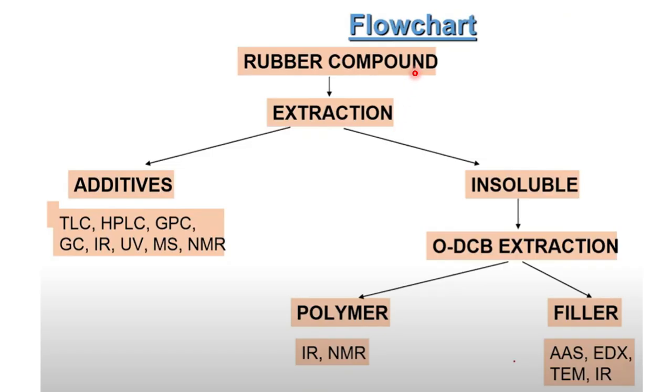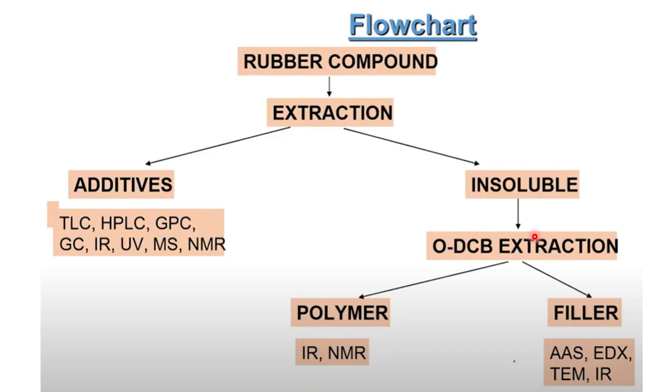So this is the flowchart for reverse engineering. You get the product from your competitor, and you extract the rubber compound to separate out the soluble part and the insoluble part. The additives or small parts are soluble; for those you go for chromatography and spectroscopic techniques. The insoluble part is the main polymeric base or filler.